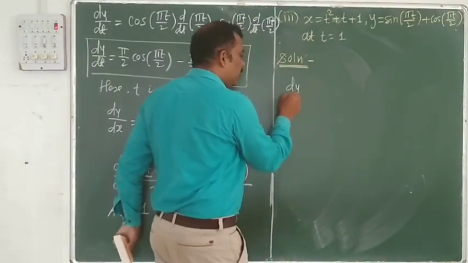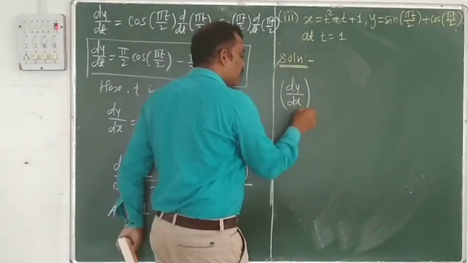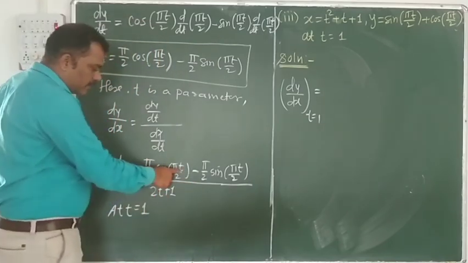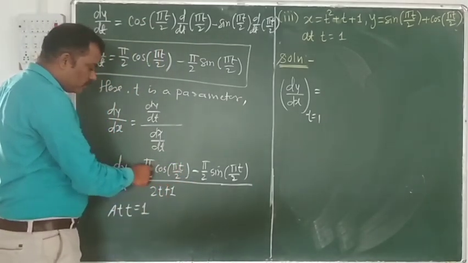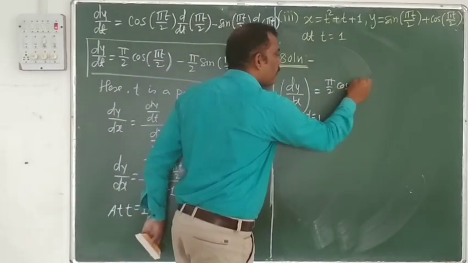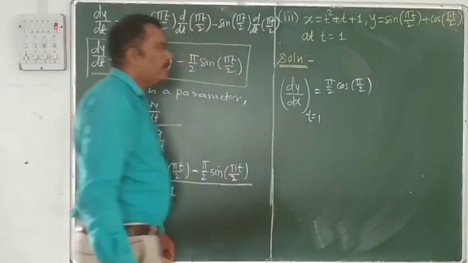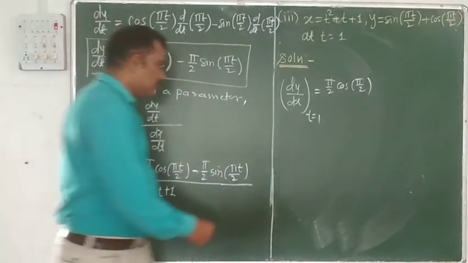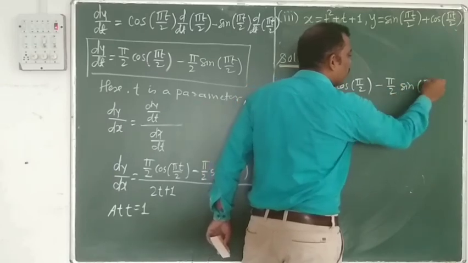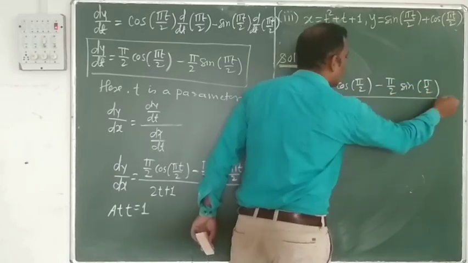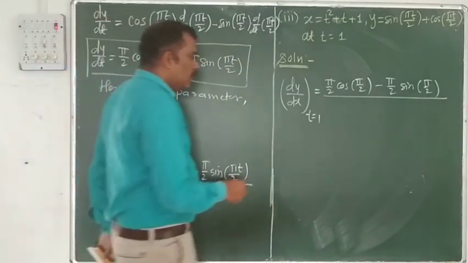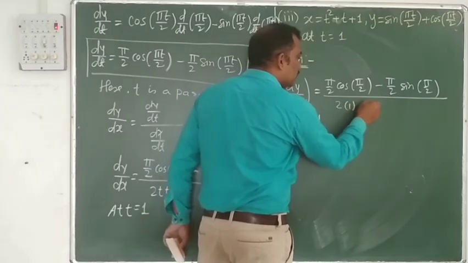Here dy by dx at t is equal to 1 is equal to, if we put t is equal to 1, only pi by 2 remains, so pi by 2 into cos of pi by 2 minus pi by 2 into sine of pi by 2, divided by, here we put t is equal to 1, so 2 into 1 plus 1.